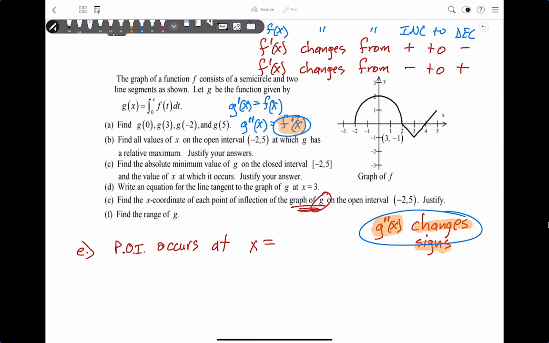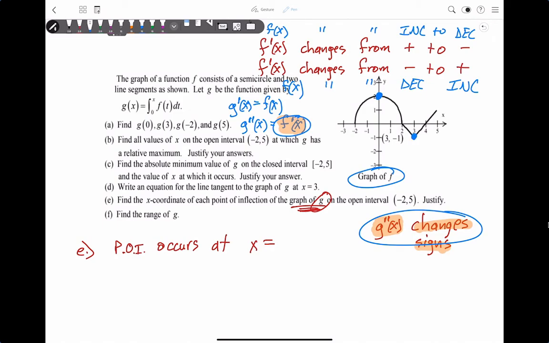The bottom one says f of x changes from decreasing to increasing. So basically just find a relative max or a relative min. When f changes from increasing to decreasing, it occurs there, and if it changes from decreasing to increasing, it occurs here.